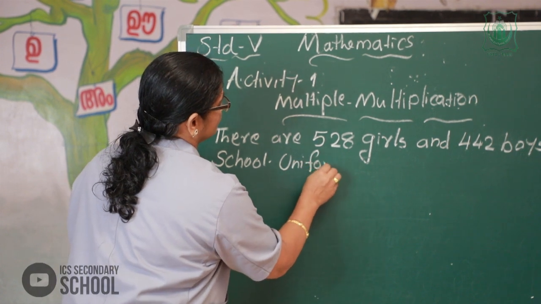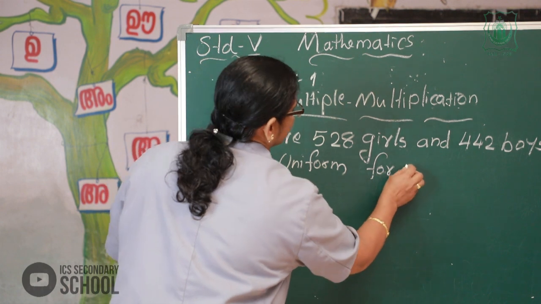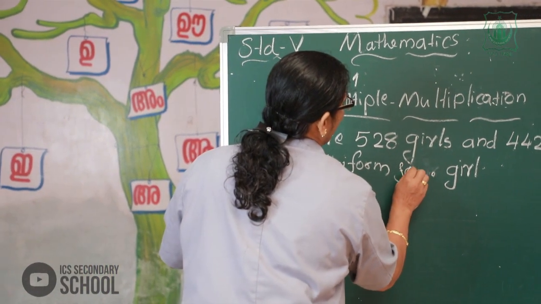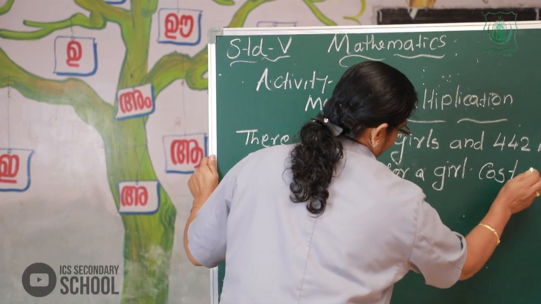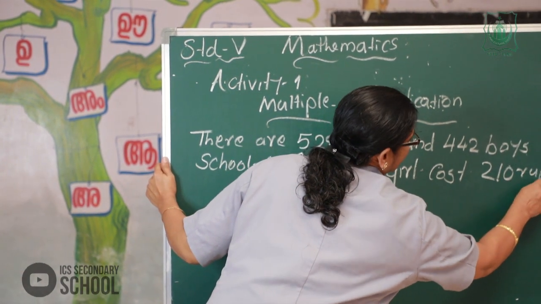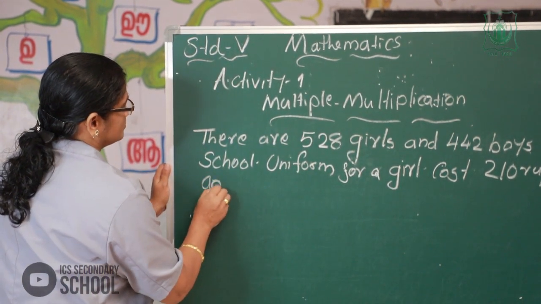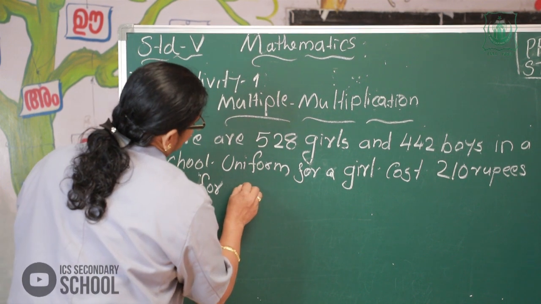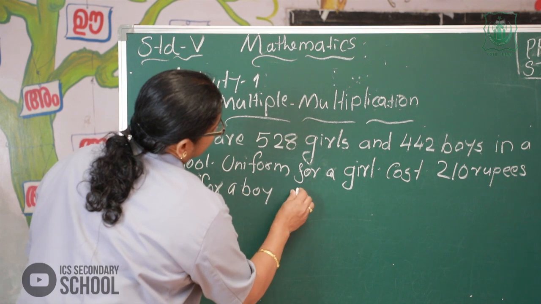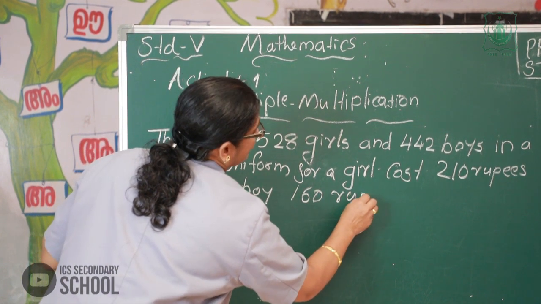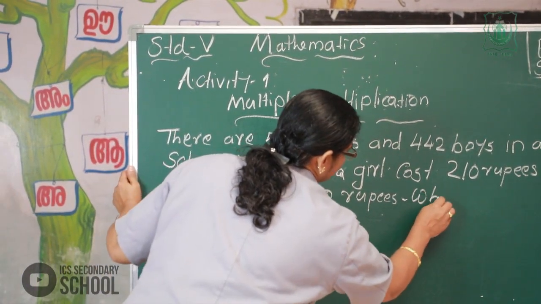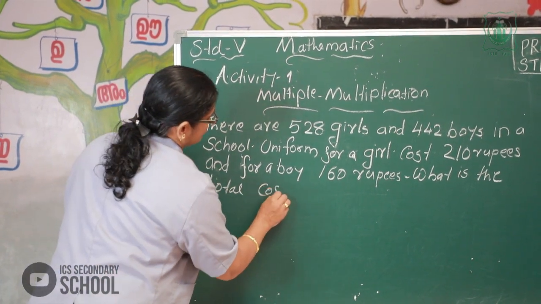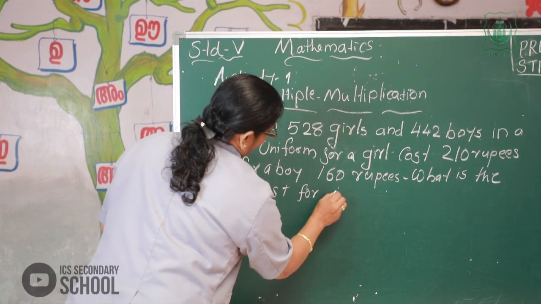Uniform for a girl costs 210 rupees and for a boy 160 rupees. What is the total cost for uniforms?